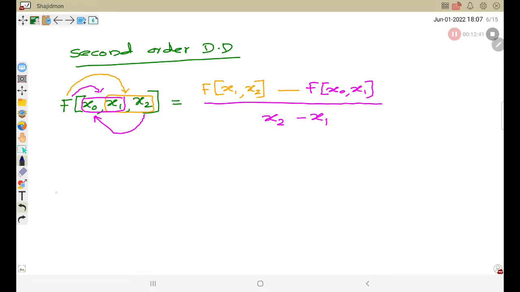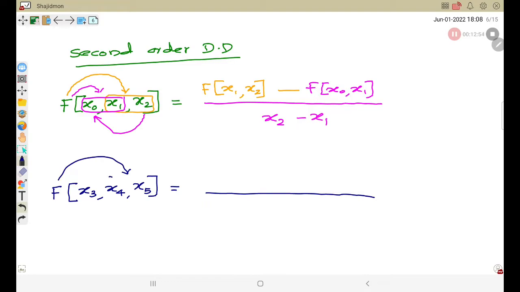Okay, for example, one more example. If I want to calculate f of x3, x4, x5, how can we calculate this one? Equal to the first f value at the last 2 numbers, correct? These 2 numbers. So f value at x4 comma x5 minus now f value at the first 2, correct? x3 and x4.